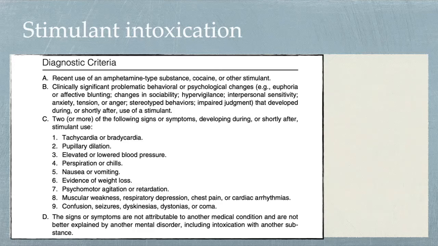You can imagine the patient would have tachycardia, pupil dilatation, high blood pressure, perspiration, nausea, vomiting, and evidence of weight loss, especially if the patient is chronically using stimulants. Also psychomotor agitation or chest pain, because especially cocaine can induce tachycardia and hypertensive crisis, as well as coronary vasospasm, so it can cause angina or cardiac arrhythmias.